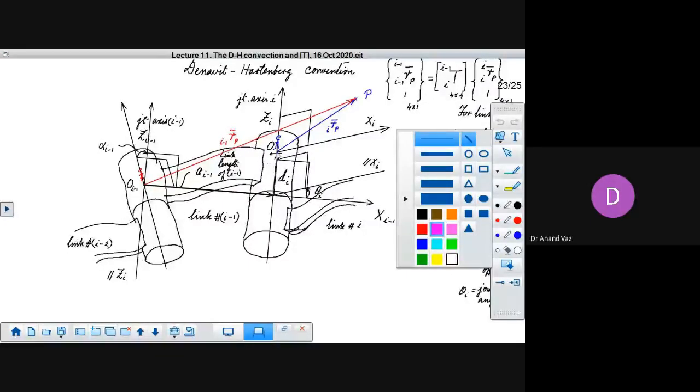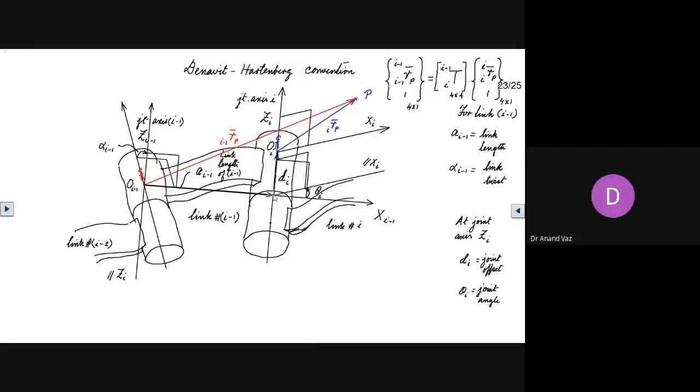So we will position this frame here. So this axis is corresponding to Zi.